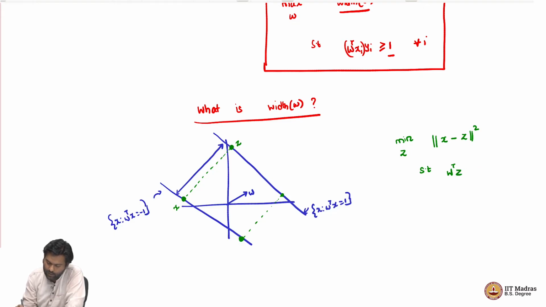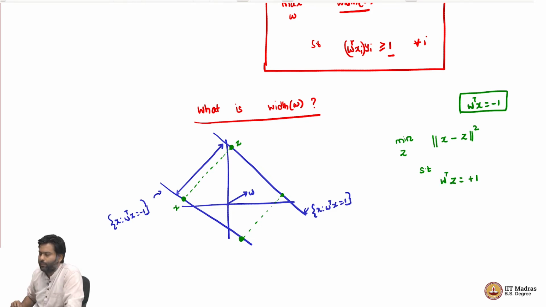So you start with an X which has the property that W transpose X equals minus 1, right. So, this is a property of X. You are looking for Z such that the distance between X and Z is as small as possible, such that W transpose Z equals plus 1, right.